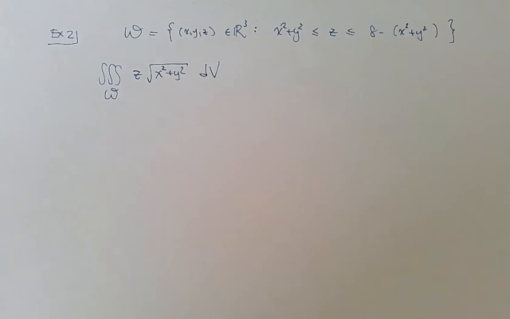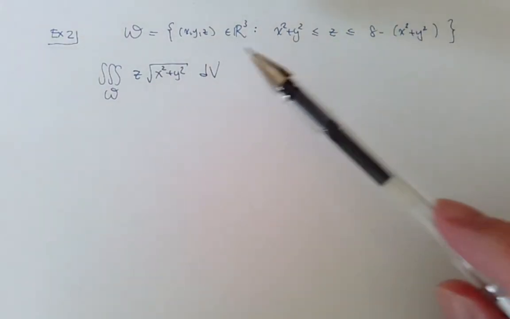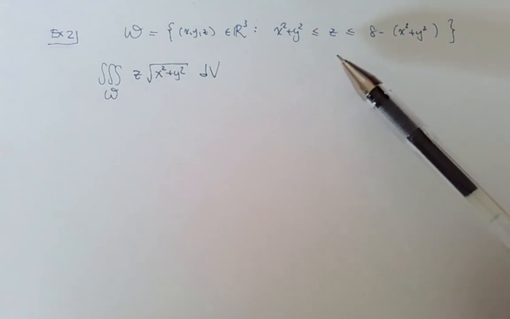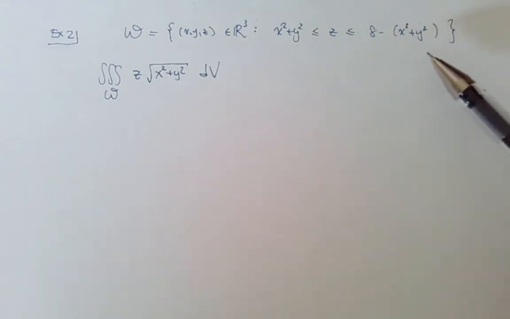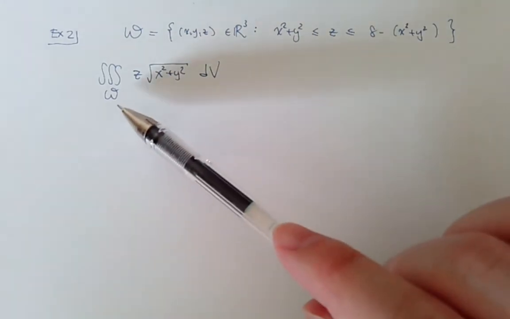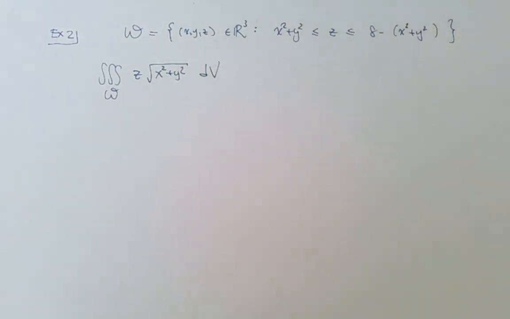Now let's try another example. Here I have a 3D region, xyz, described by the fact that z is between x squared plus y squared and 8 minus x squared plus y squared. And then we want to integrate over this region, this function. Now, how should we go about it?